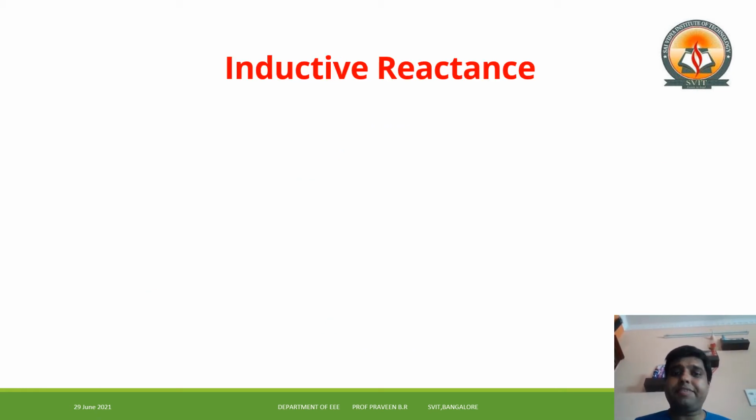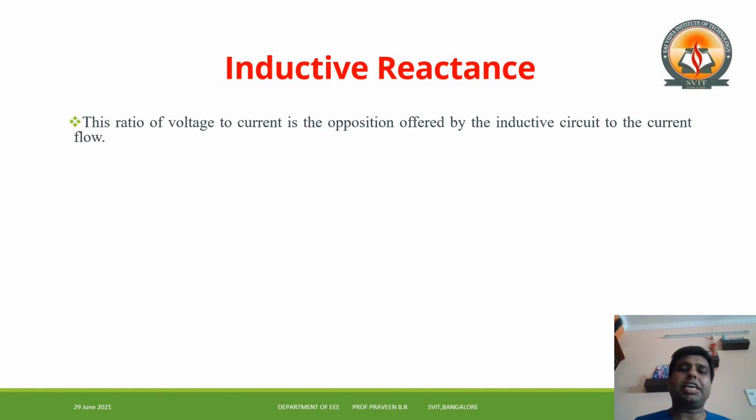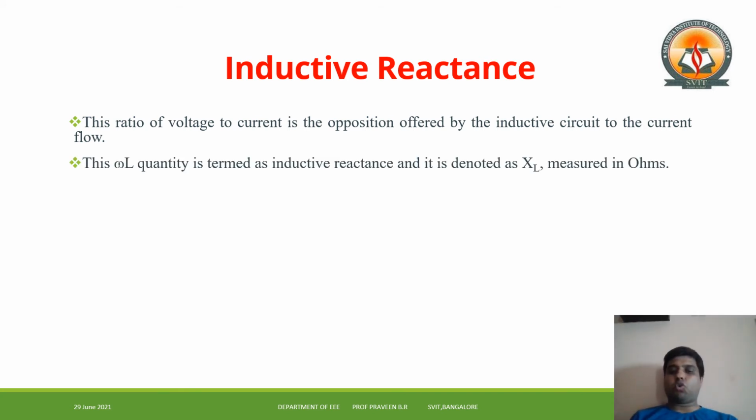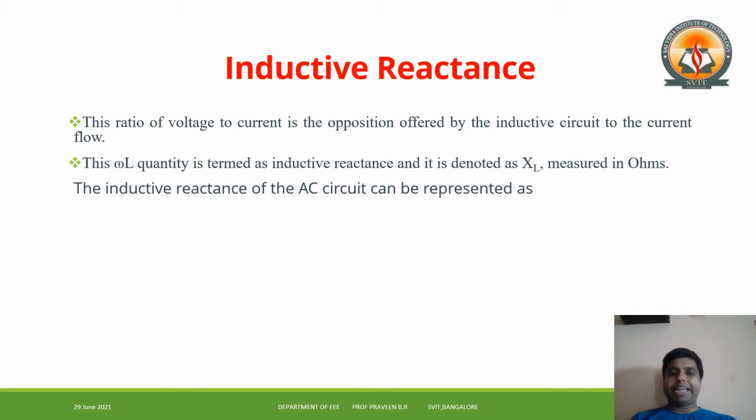Coming to the inductive reactance, the definition of inductive reactance is the ratio of voltage to current, which offers opposition to the current flow in the inductive circuit. The expression for inductive reactance is XL = omega L, where omega is called the angular frequency, represented by 2 pi f.